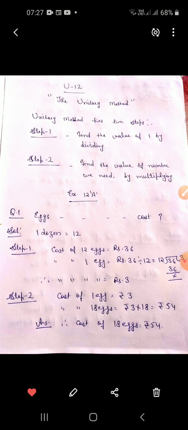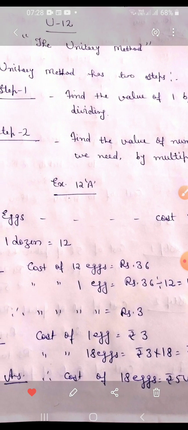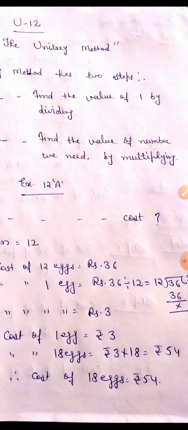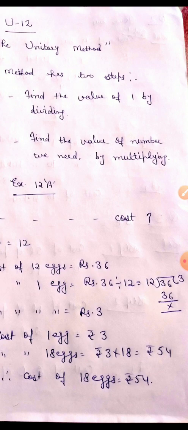Today I am going to explain you Unit 12, Unitary Method. In Unitary Method, my dear children, there are two steps. In step 1, we have to find out the value of 1 by dividing. This you have to remember. Whenever we have to find out the value of 1, then every time we have to divide.